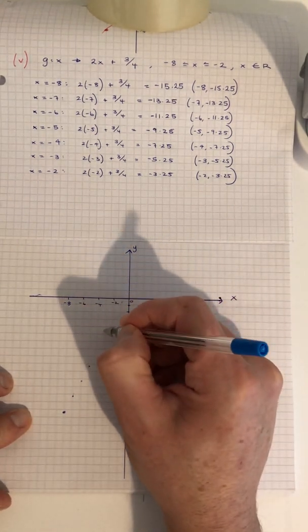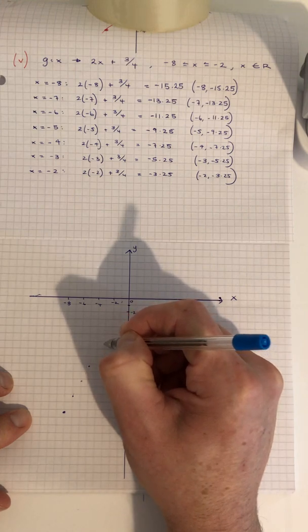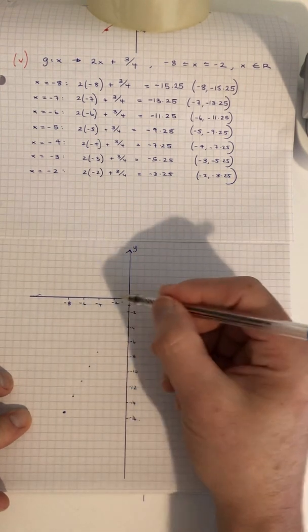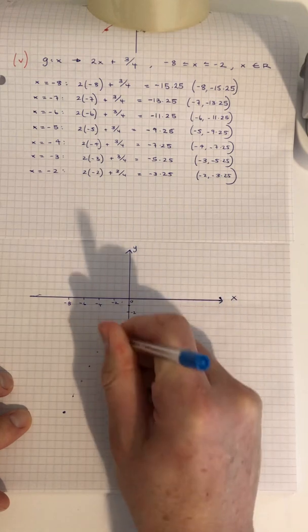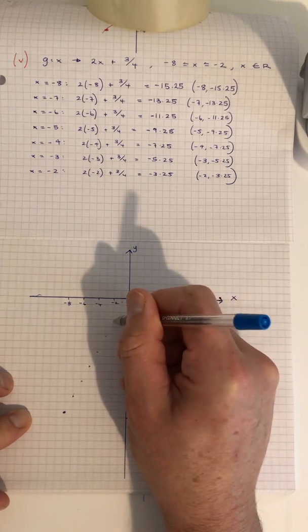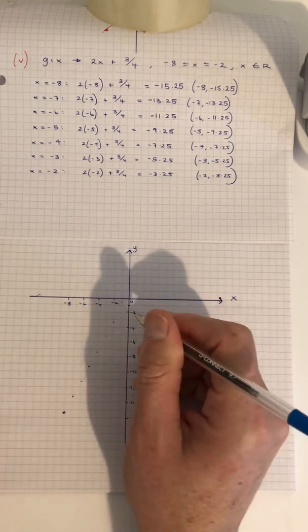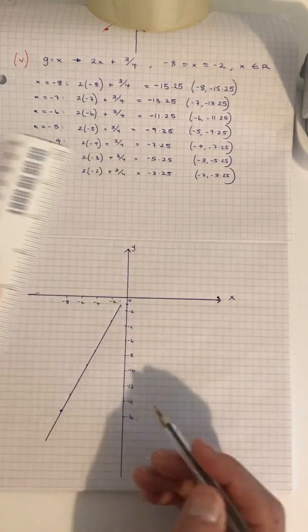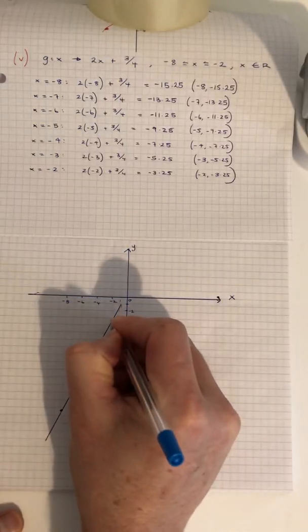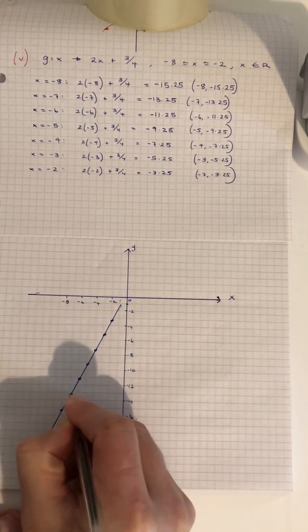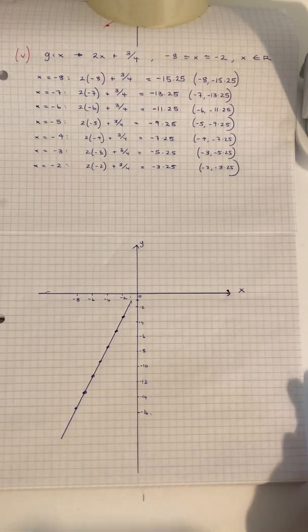Minus 3 down to minus 5.25 and minus 2 down to minus 3. So again, if I join them, I have my line like so. Okay, and that's a graph then for you as well.